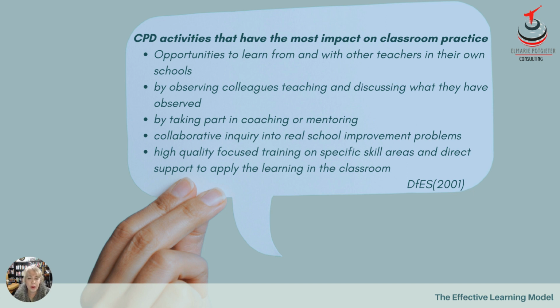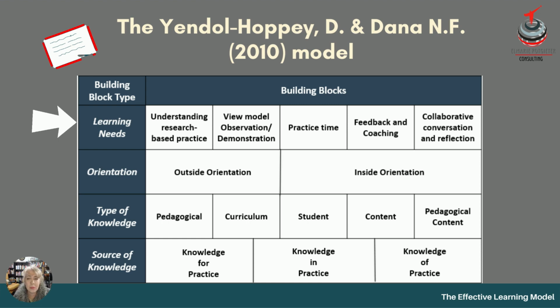So you will see that I've adapted this model slightly. I've added a first step, which is so often overlooked, and that is identifying the needs of the organization, the school, the students, the teachers, the staff members, team members in a particular organization, your middle leaders, your senior leadership teams.